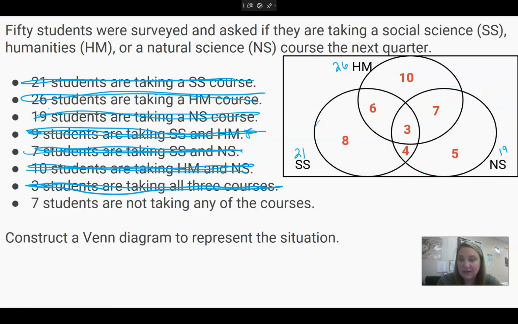And then last but not least, there are going to be 7 students not taking anything. So that's going to be the 7 out here floating in the sample space. Those are the 7 students that aren't taking any of the science classes. They don't fall in any circle. So again, the trick with the Venn diagrams is start with the middle and work your way out. That's a way to keep yourself in check.